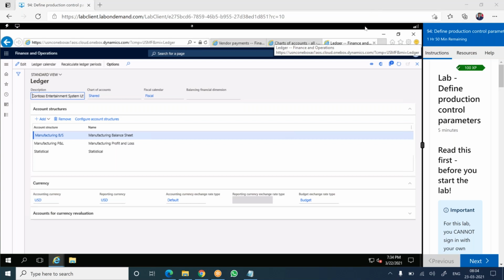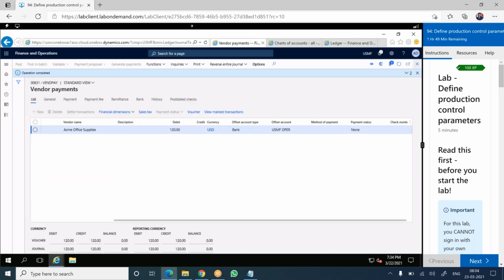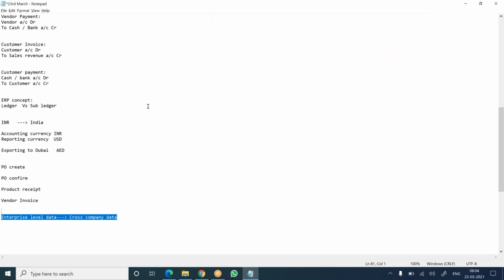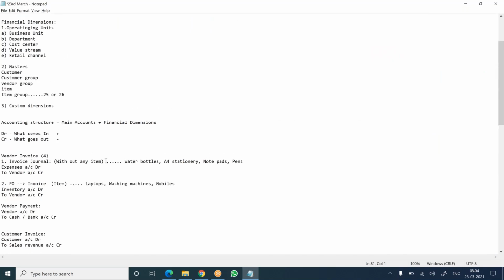Thank you, sir. I have one more question. You created a vendor invoice journal first, and then you went to the vendor payment. Is this vendor invoice journal the same as posting the invoice through the normal purchase order process? There is a difference. As I told you, you are not selecting any item here.